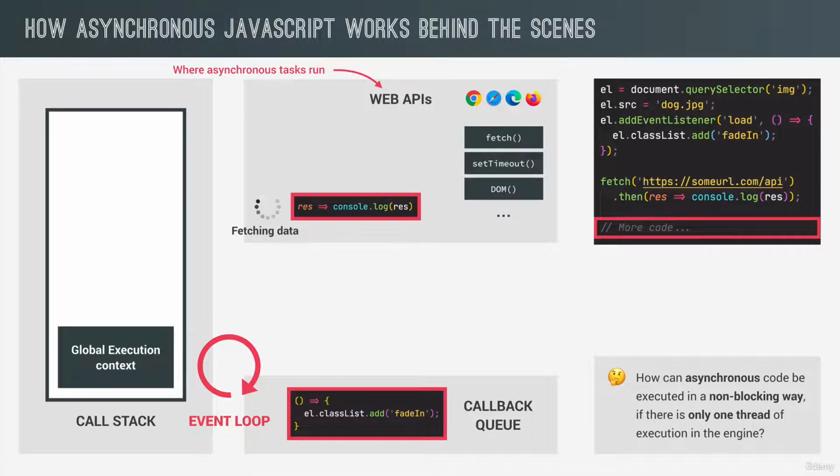Now in this example, there are no other callbacks in the queue yet, but there could be, of course. If there were already other callbacks waiting in line, then this new callback would go straight to the end of the queue, and there it would sit patiently for its turn to finally run.